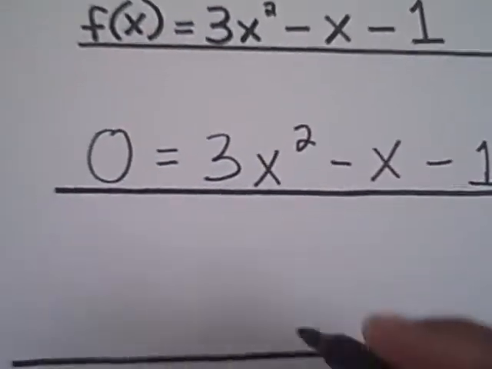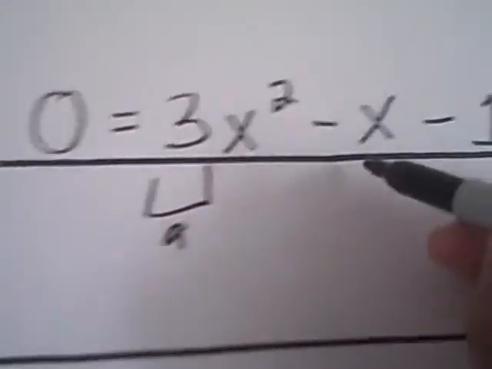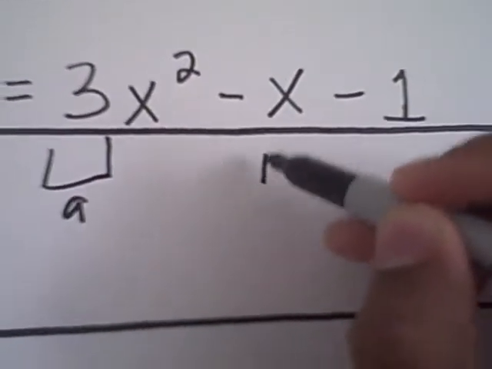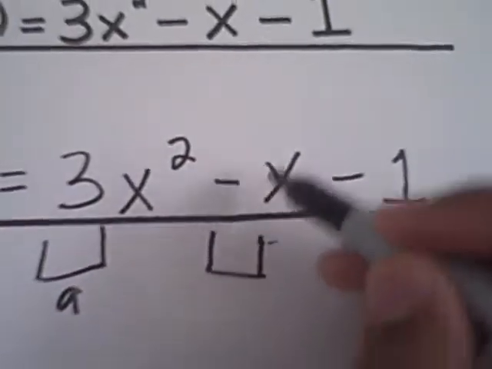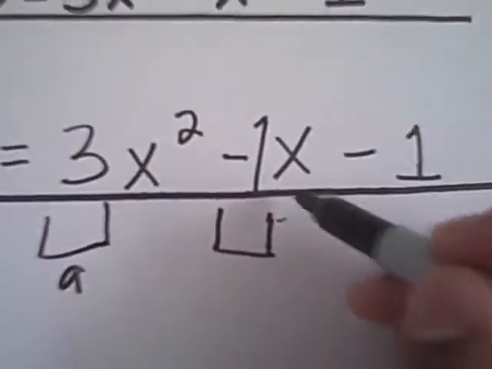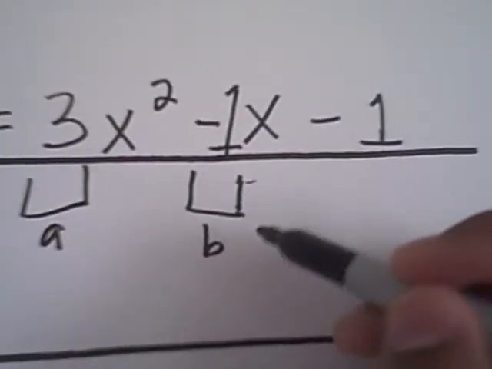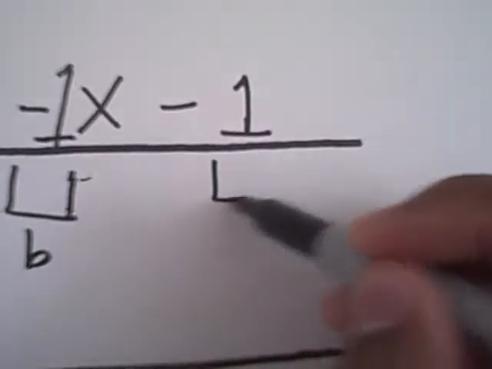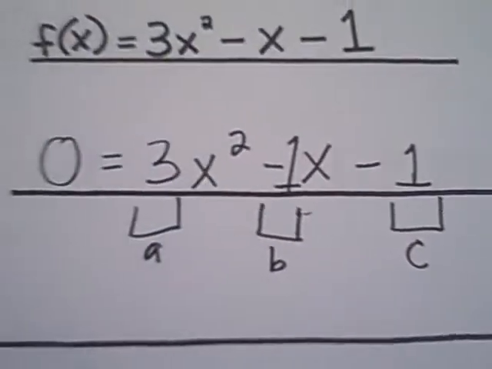This is going to be our a variable. The next one, we're going to make the negative, because it's a negative 1 right here, so it'll be negative 1. We're going to make that our b variable, and the 1, positive 1, our c variable within our equation.